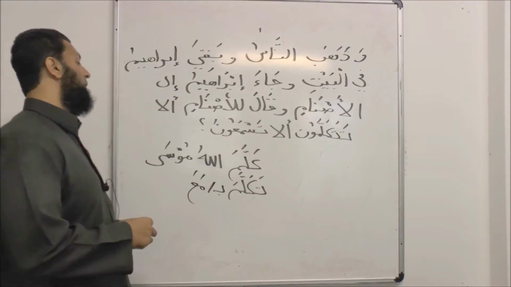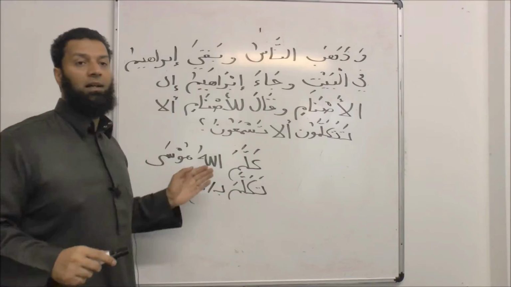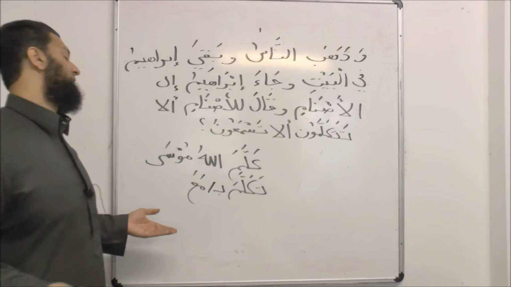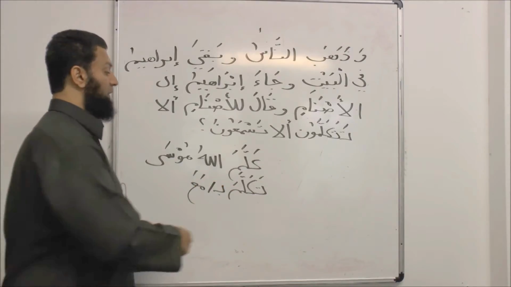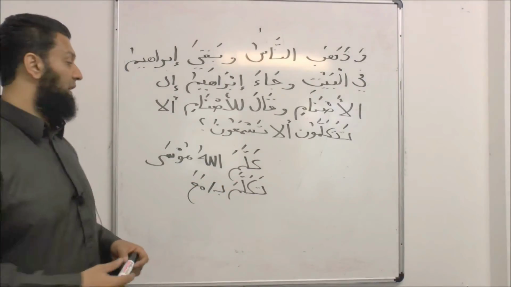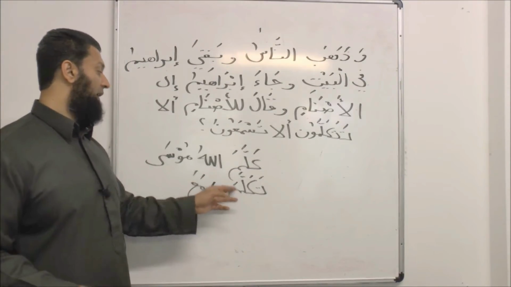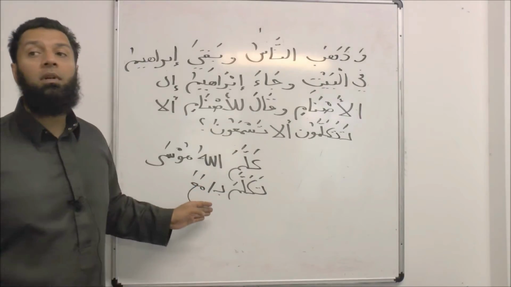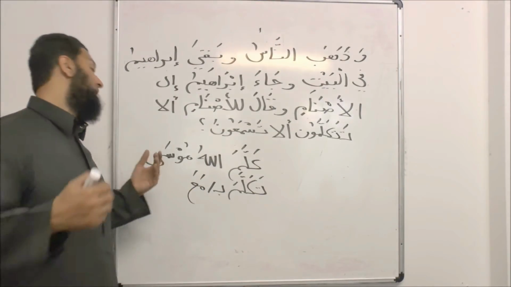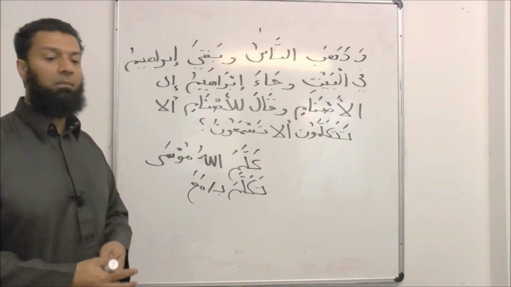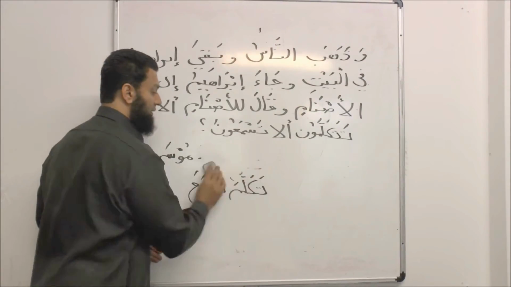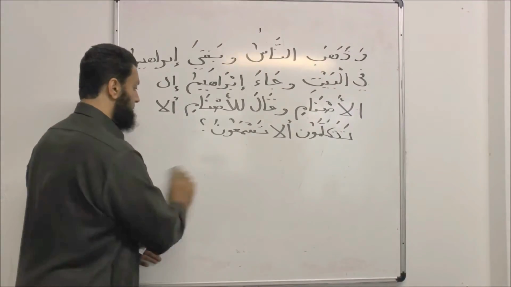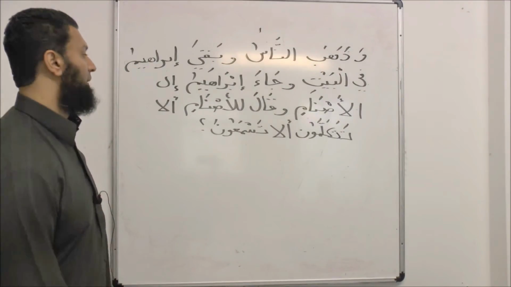If takallama was used in this ayah, not that we would, because that's tahrif kalam Allah, then it would be takallama Allahu ma'a Musa, either ma'a Musa or bi Musa. Let's remember that now, inshallah, because it's important.